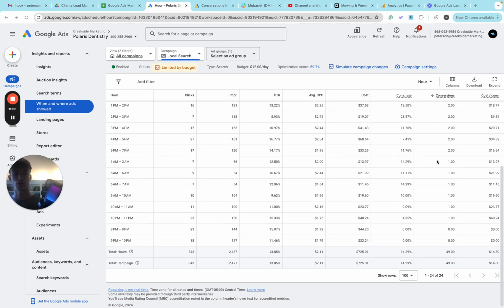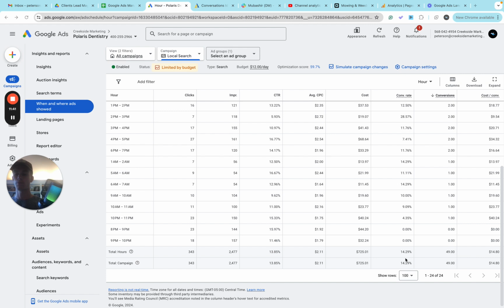First we're going to go down to the bottom to see what our average conversion rate and average cost per conversion are, and use this information to make judgments on what hours of the day we don't want our ads to show for.